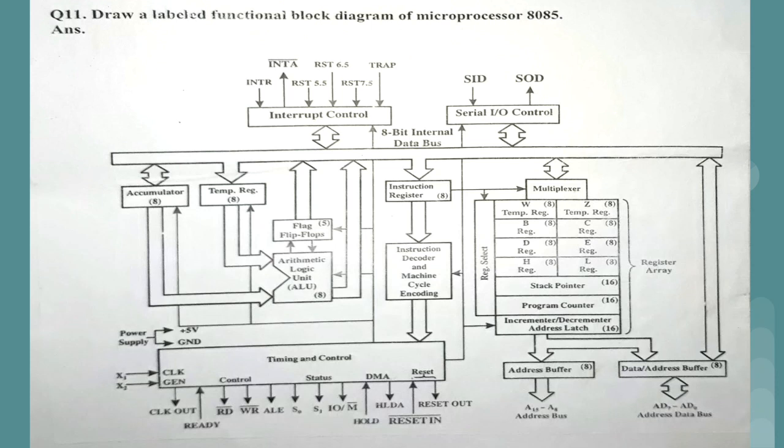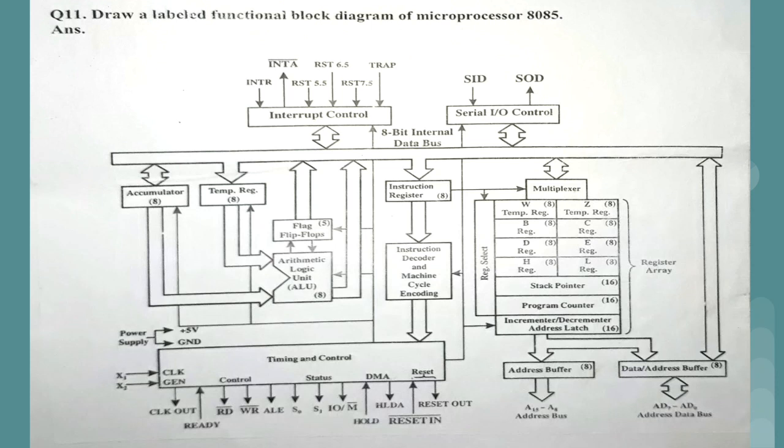If you notice the address buffer, A8 to A15 are the address lines which are connected to the address buffer section. And just to the right of the address buffer section, we have the data and address buffer section, to which the A0 to A7 pins are connected, because these are the lines used as address as well as data bus.